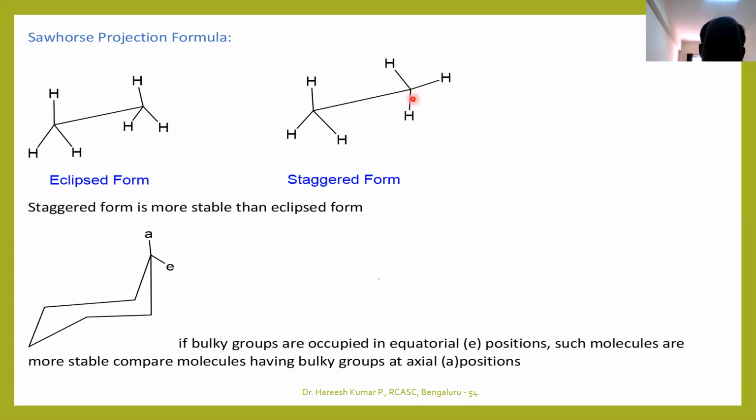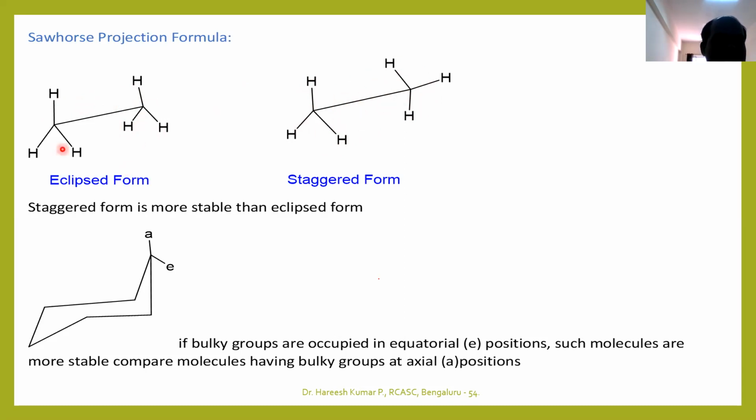So that is the reason here the distance between this hydrogen and this hydrogen is more, and this form is the staggered form, and this will be the stable form.